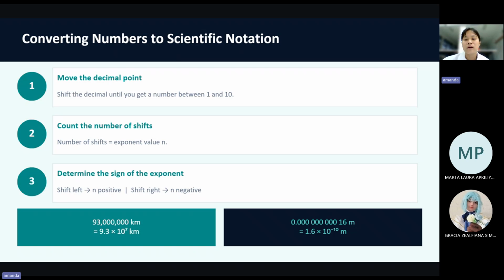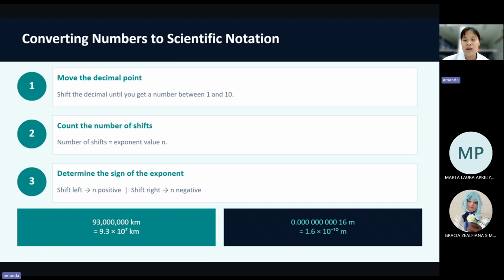Remember, the number can be exactly 1, but it cannot be 10 or more. Step 2. Count how many places you move the decimal point. That number becomes your exponent, which we call n.